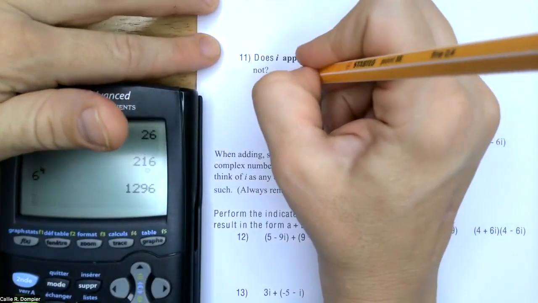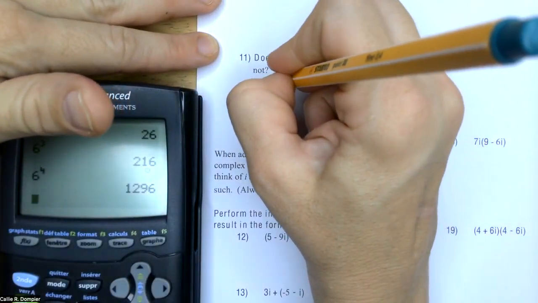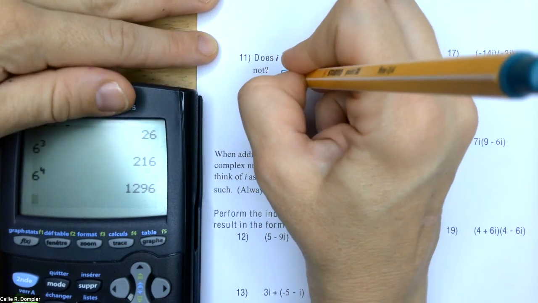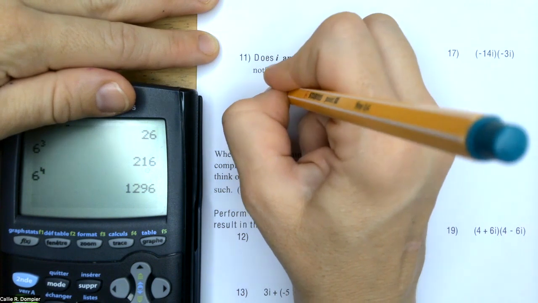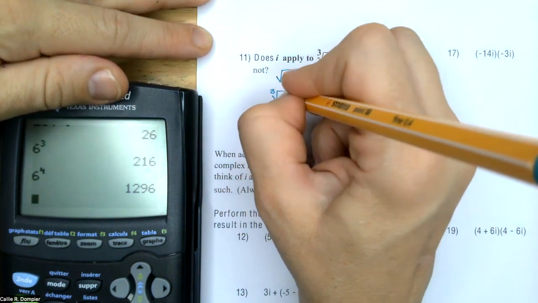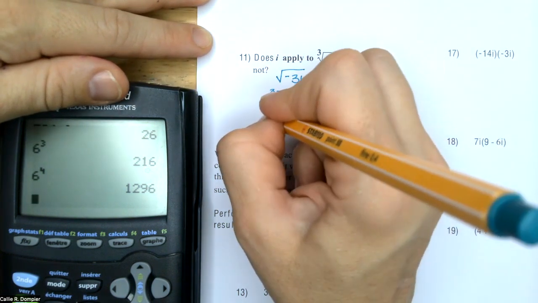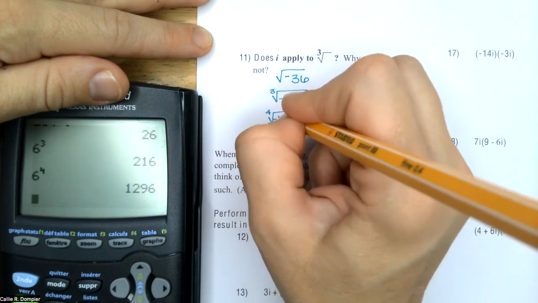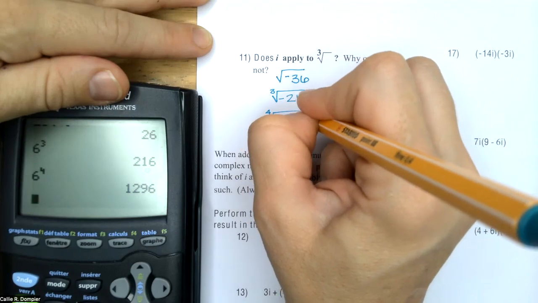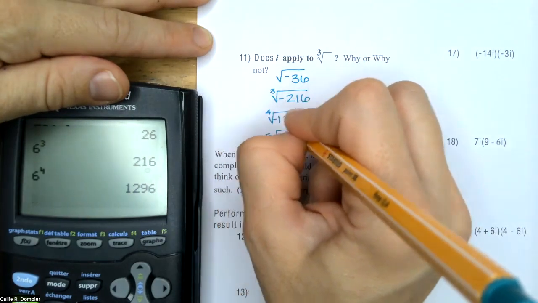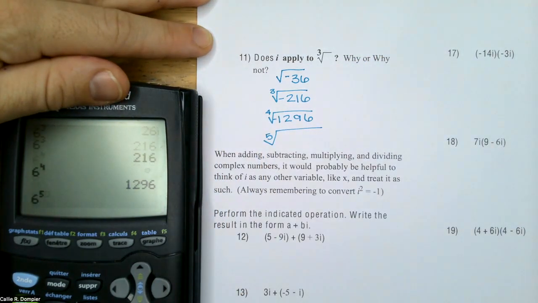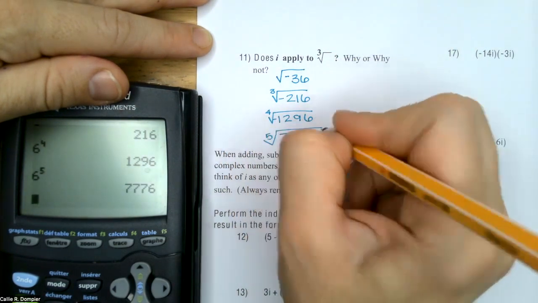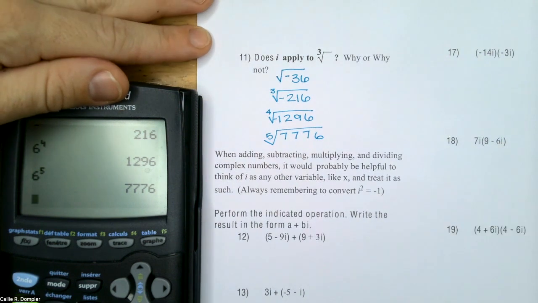So if we had the square root, 6 times 6 is 36, right? The square root of negative 36, the cubed root of negative 216, and then the fourth root of negative 1,296, and then the fifth root of whatever that is, 7,776, right? All right.